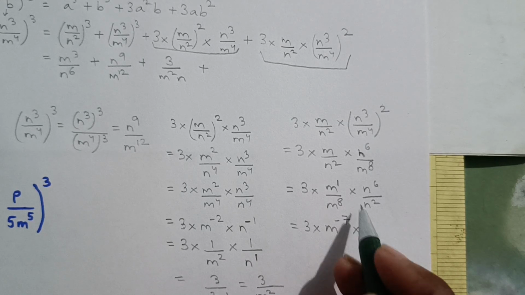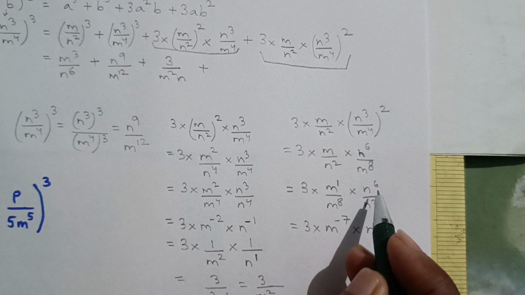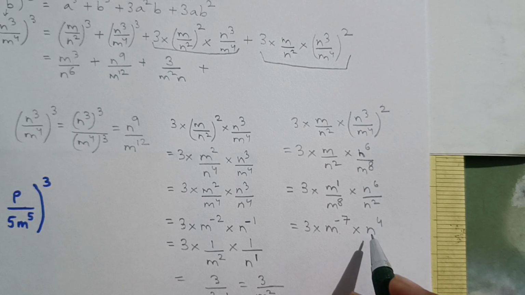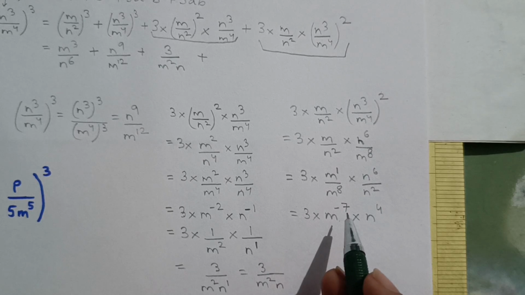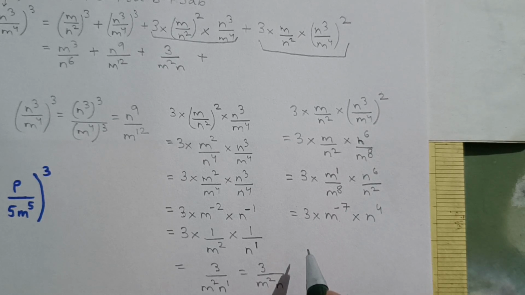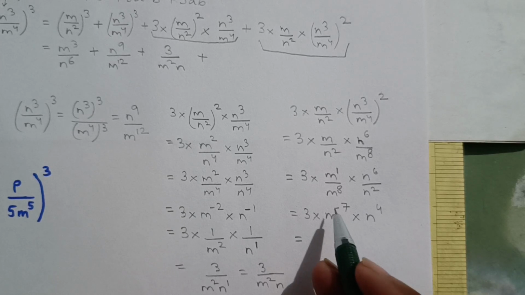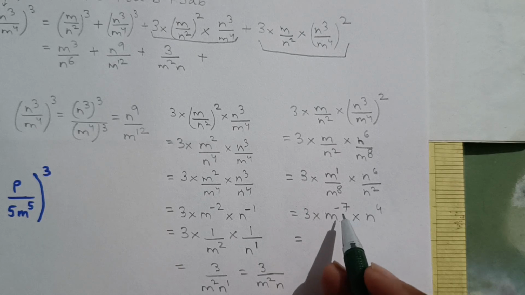Use your knowledge of exponents. So this will become n to the power 6 minus 2. 6 minus 2 is 4. So n to the power 4. So 3 into m to the power minus 7 into n to the power 4. Now here m to the power minus 7, this power is negative. So we will write this power in positive form.